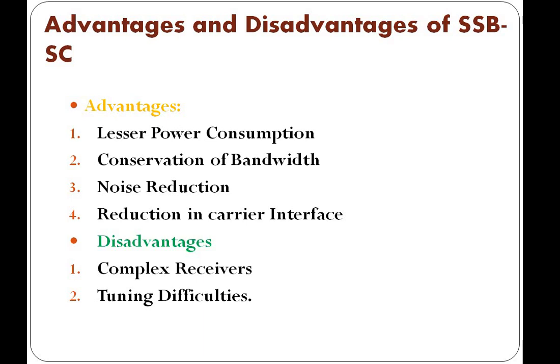The third one is noise reduction. How do we say noise reduction? Your noise power has been reduced to half compared to that of amplitude modulation. So both the bandwidth is reduced and the immunity of the system is increased. If you had 2 omega and now you have only omega, there is very little chance of getting noise in that particular bandwidth.